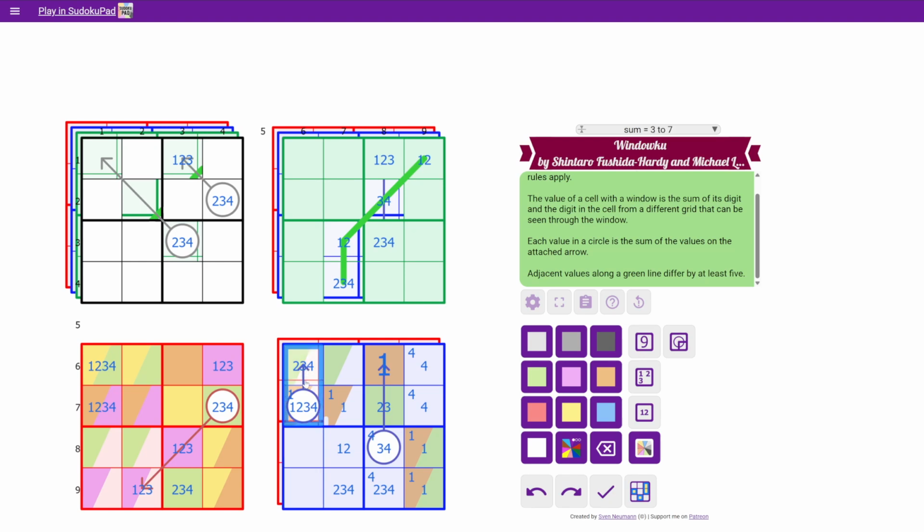The value of these have to be at least 3, but it could go all the way up to 7.